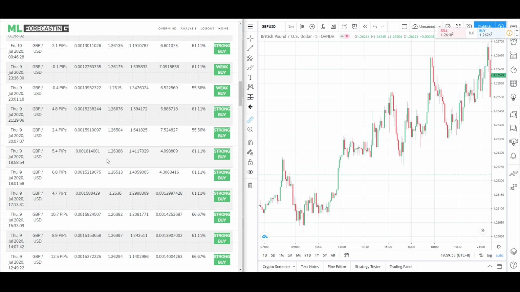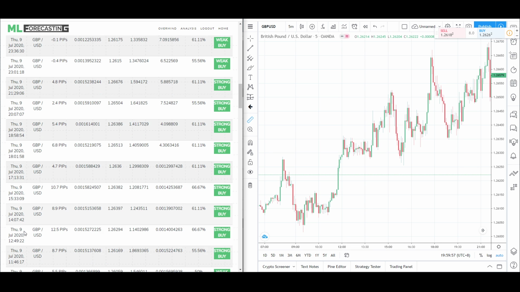What was the last one that I looked at? It was 8.2, that one, wasn't it? 14.07. Should be alright on this one. Entry 397, pretty much exactly there. Still in.